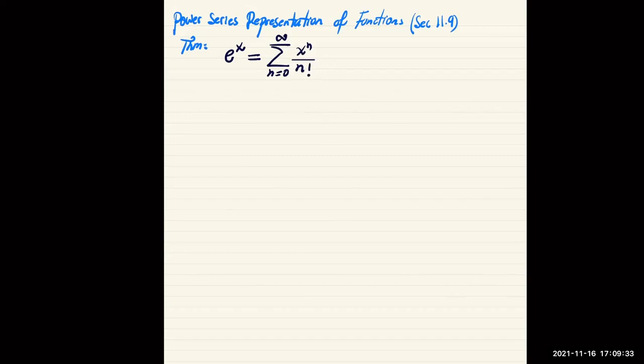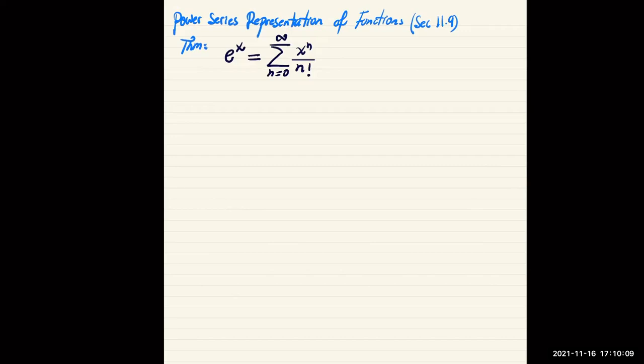We actually proved in the last section that this thing is convergent all the time. The radius is infinity. The interval of convergence is all reals, which is in a way consistent with the domain of e to the x. The domain of e to the x is all reals, and the interval of convergence is all reals. The domain has to do with the interval of convergence.